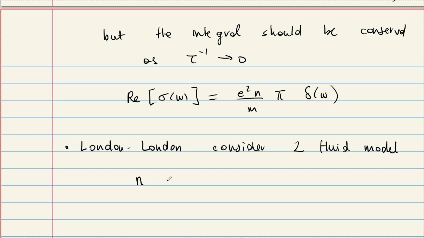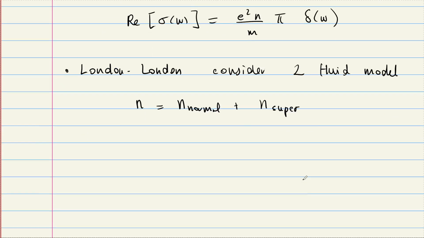And they said the total density is n normal plus n super, and they considered this super component to be like a perfect metal, similar to tau inverse goes to 0, exactly like what we derived.